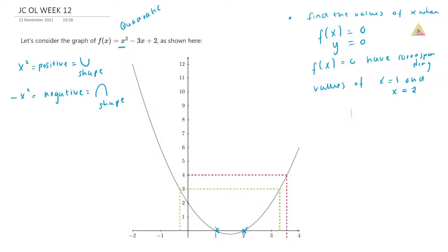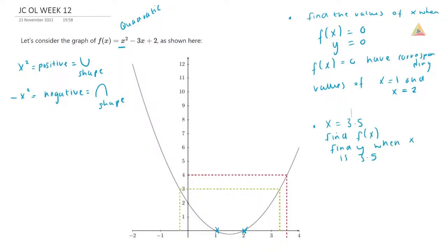Say we were asked to find the value of f of x for the point x equals 3.5. So if you were told x is equal to 3.5 and you were asked to find f of x, remember, another way of writing f of x is y. So we want to find y when x is 3.5.